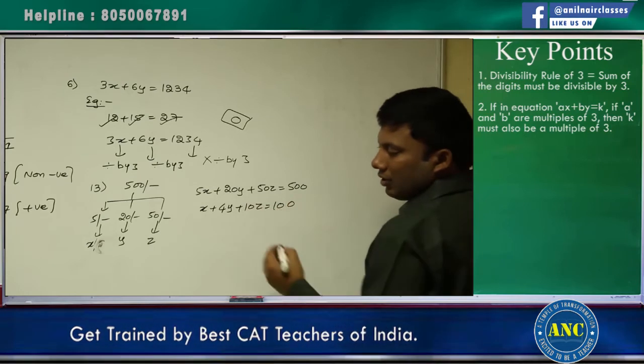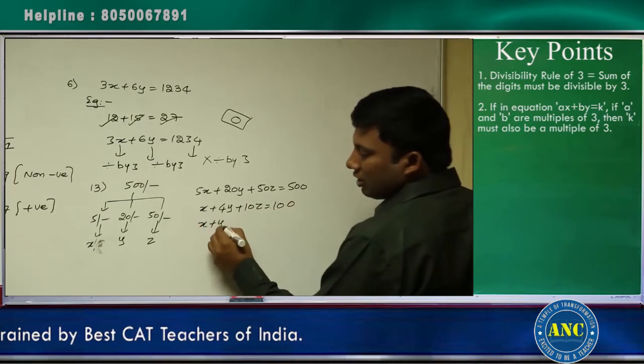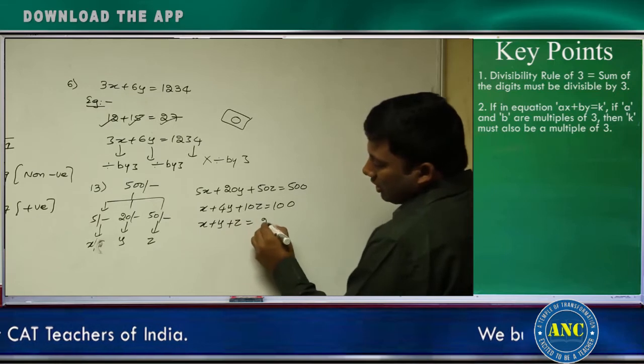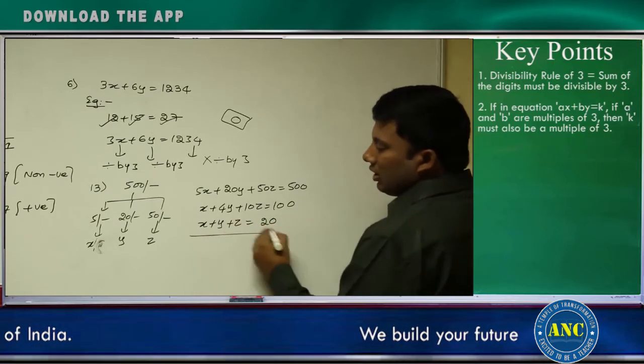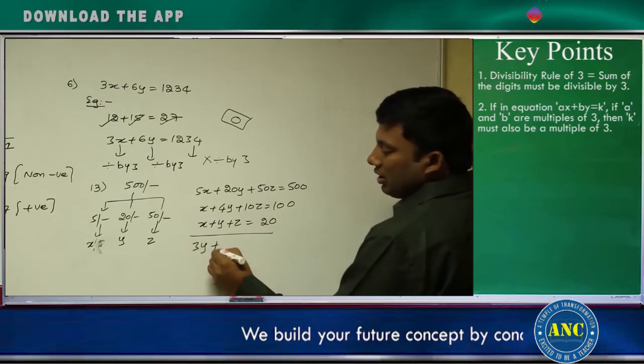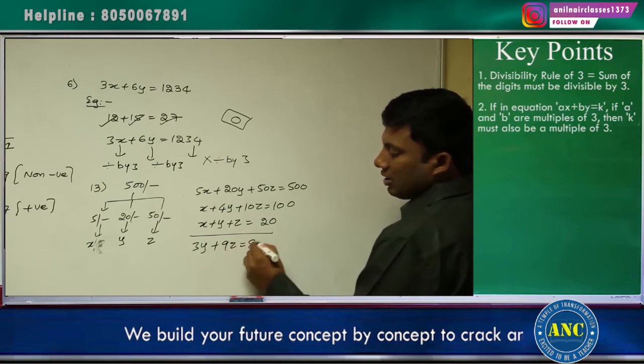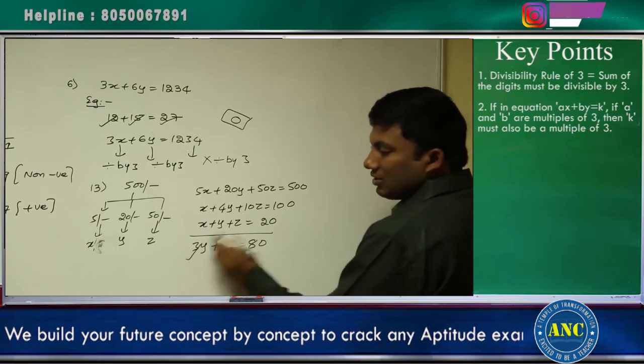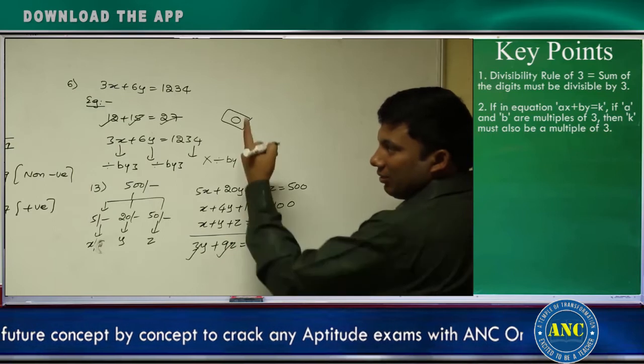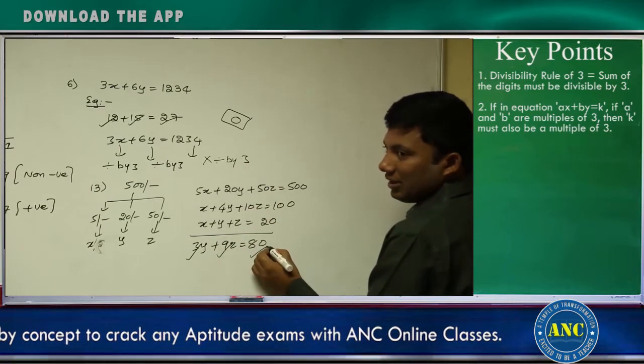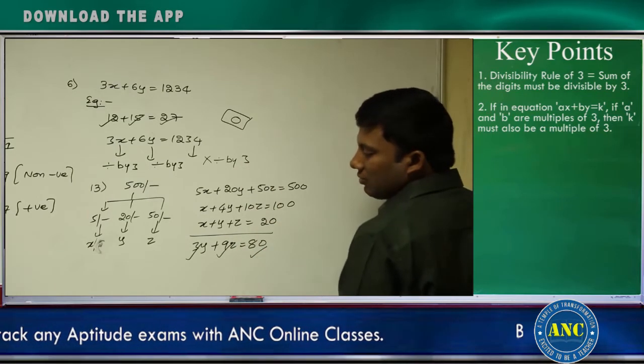What is the total number of notes that are used? 20. x plus y plus z is 20. If I subtract, how much will I get? 3y plus 9z is 80. This is divisible by 3, this is divisible by 3. Is 80 divisible by 3? No. 80 is not divisible by 3.